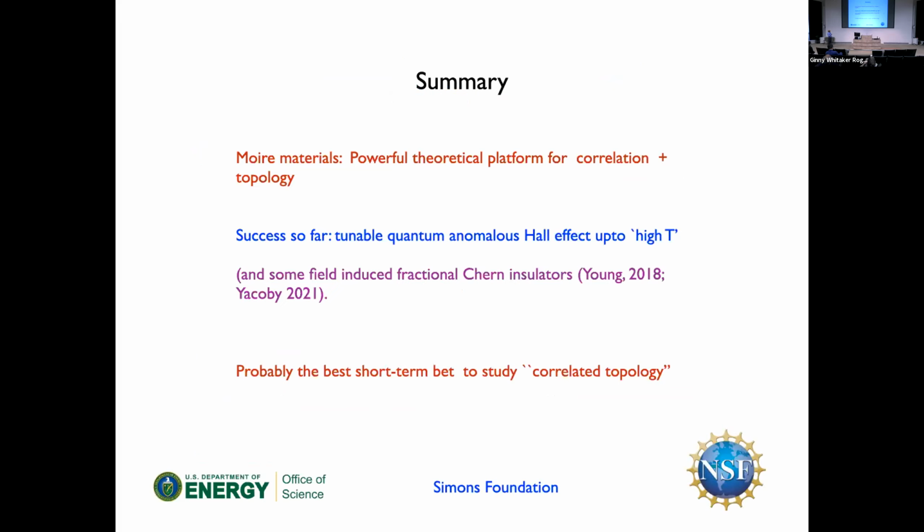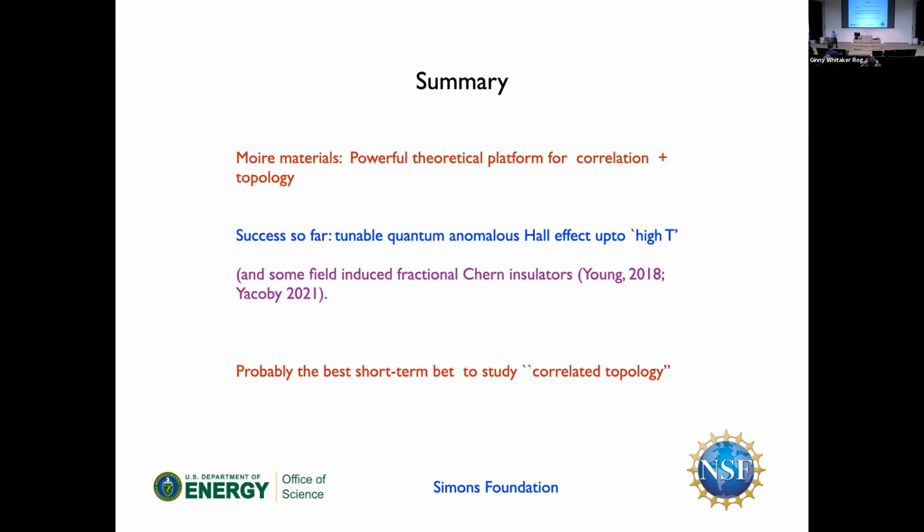So I guess the main summary point to emphasize is that these moire materials are an extremely powerful platform to study the interplay of strong correlations, topology and kinetic energy. The main success so far in this subtopic has been the realization of tunable quantum anomalous Hall effects, the integer quantum anomalous Hall effects up to high temperature.